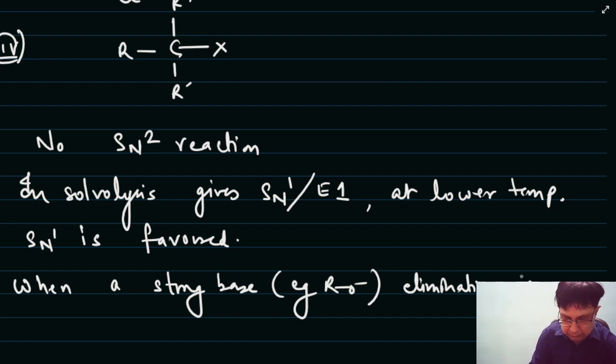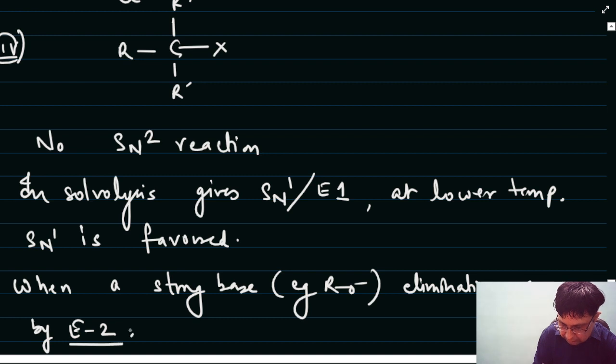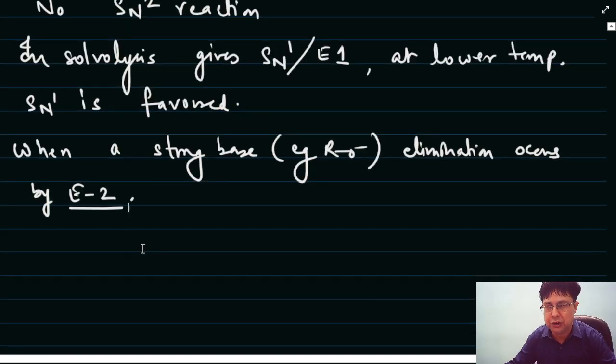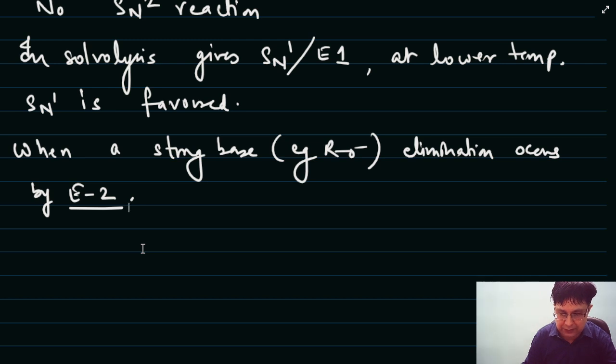Elimination occurs by E2 mechanism. E2 predominancy will be maximum in this case. We know that tertiary halides जो हैं वो product जो हैं, what we can say for them, we can say that they form the product through the carbocation as an intermediate over there.